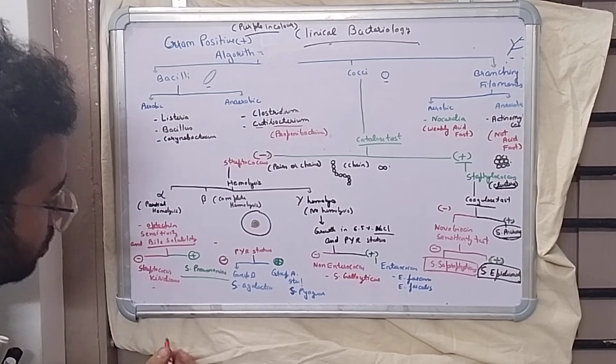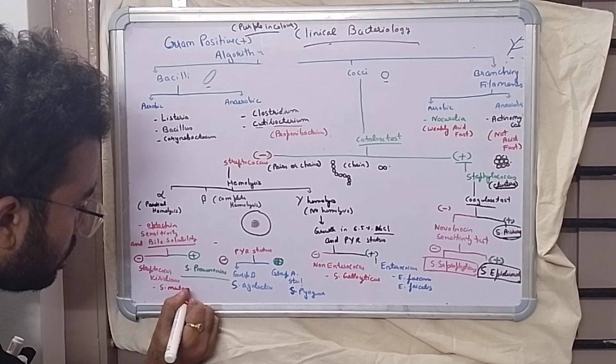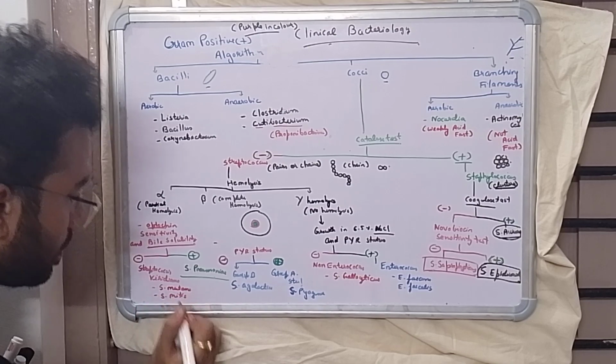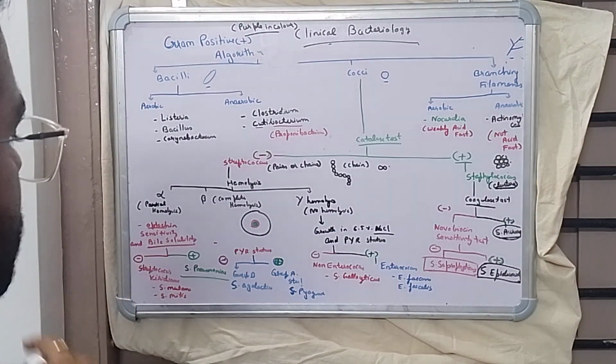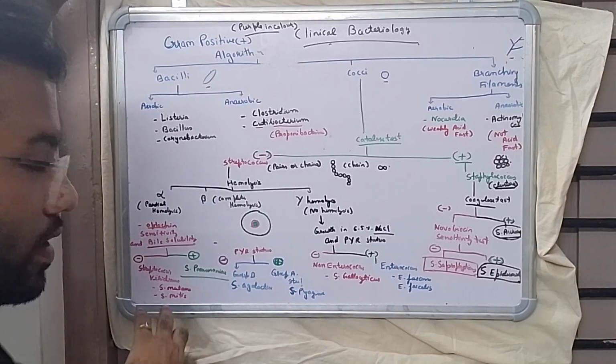The examples of Streptococcus viridans will be S mutans and S mitis. There are types, there are examples of Streptococci viridans.